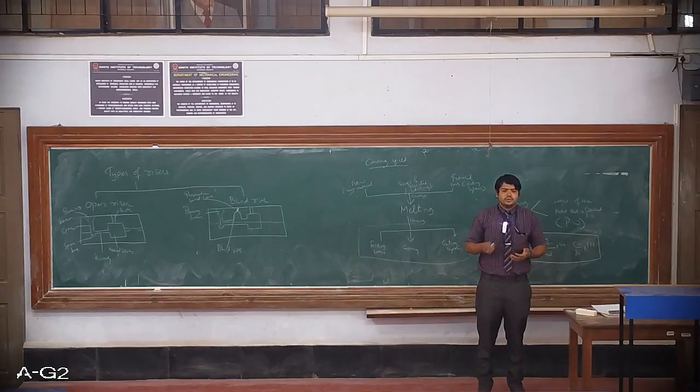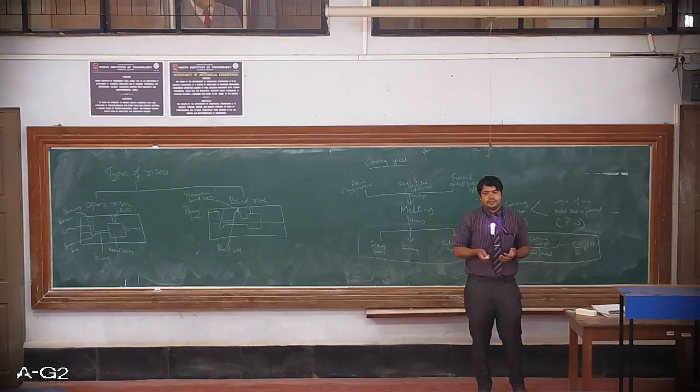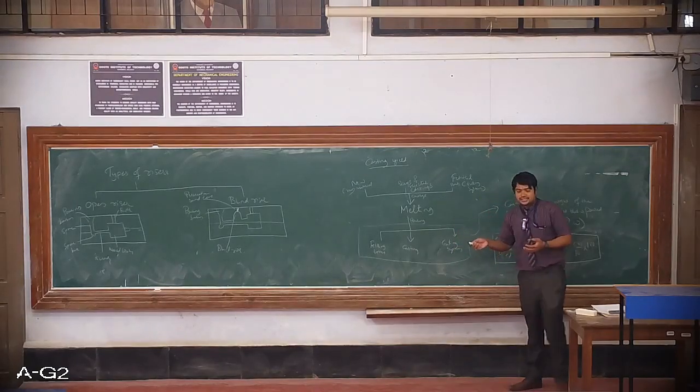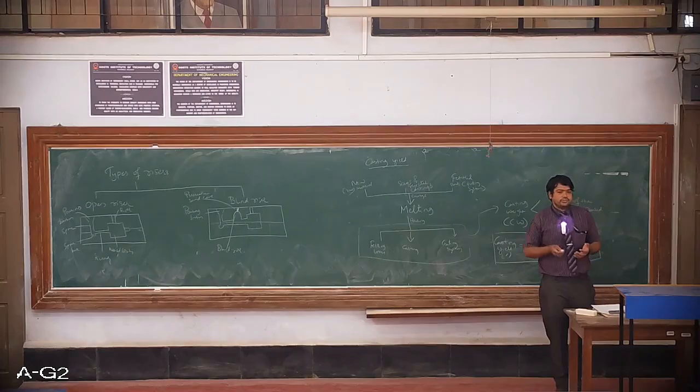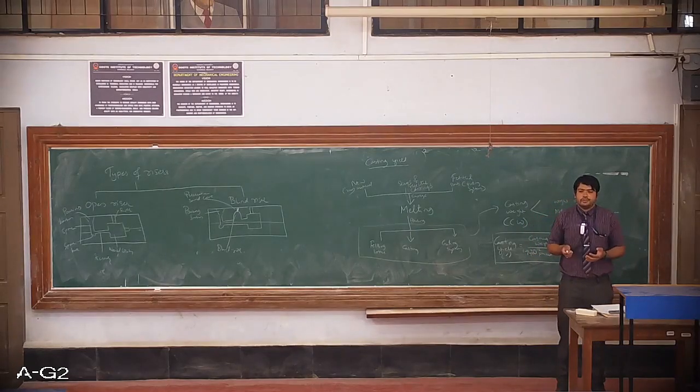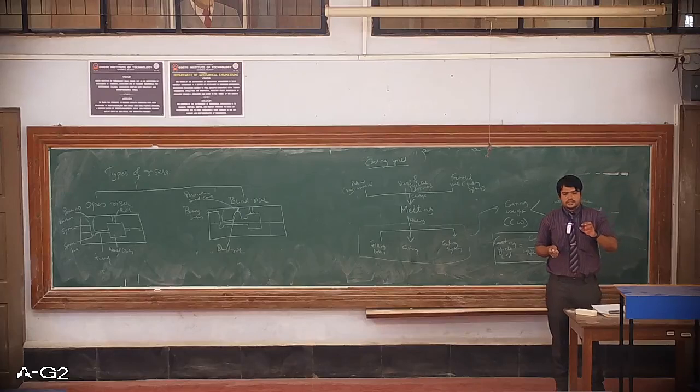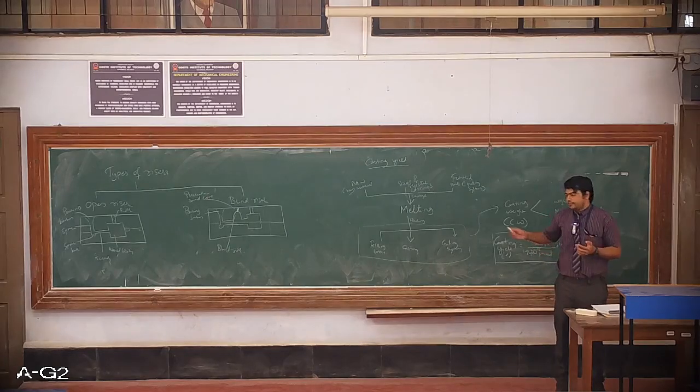There is again a grinding process. What we generally do in the foundry while fettling. Fettling, as I told you, is nothing but trimming of the gating system and unwanted projections, especially the gating system. So we make use of the grinding process in order to remove the unwanted projections as well as the gating system.